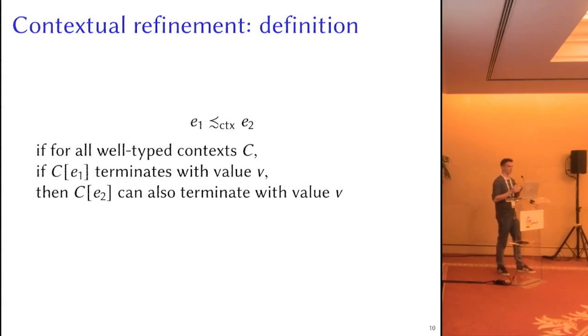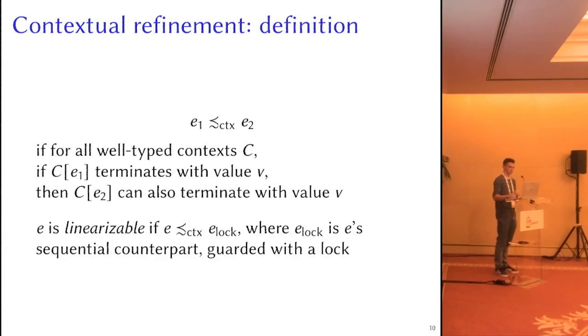So clients cannot really tell the difference between these two expressions. The left-hand side expression we usually call the implementation and the right-hand side the specification. This relates to linearizability in the following way. If we take E to be our concurrent data structure and we take the specification side, the right-hand side, to be a log-based sequential version of the same data structure, then this contextual refinement implies linearizability.